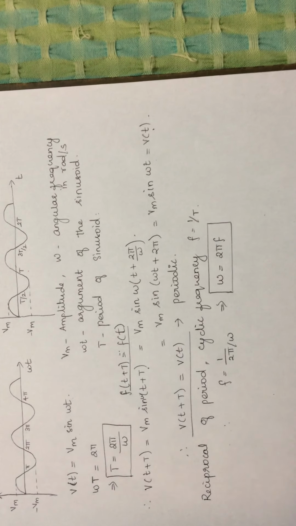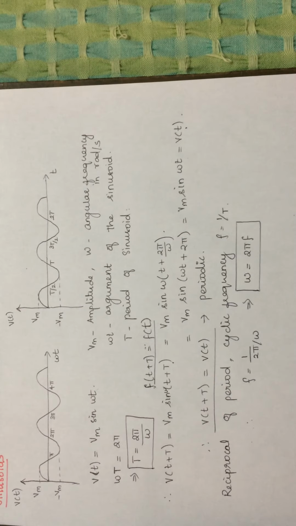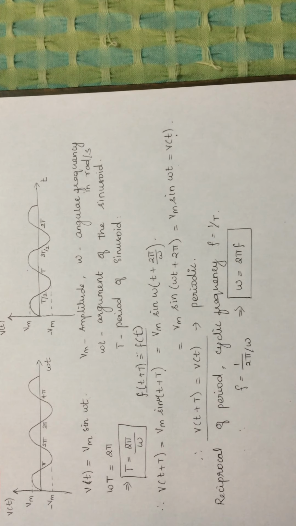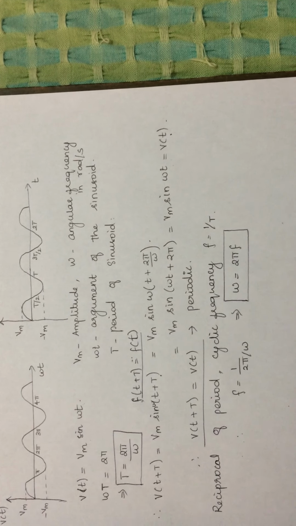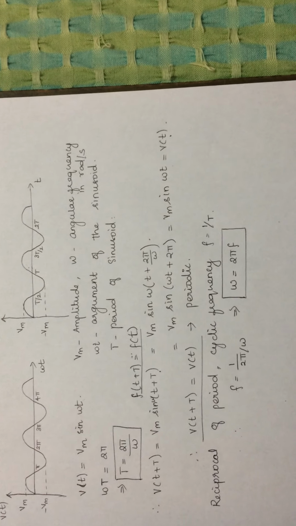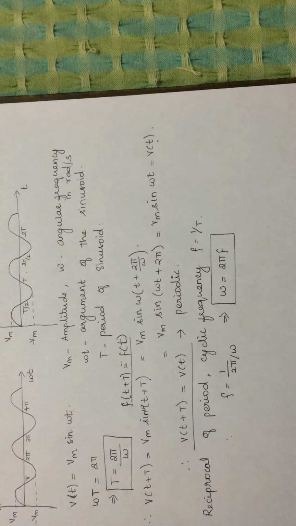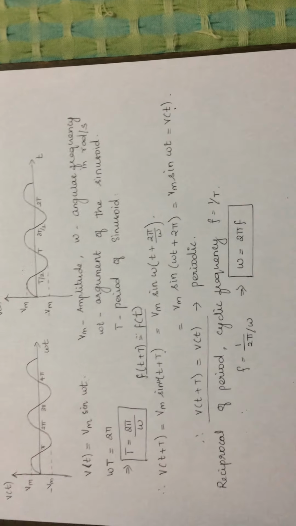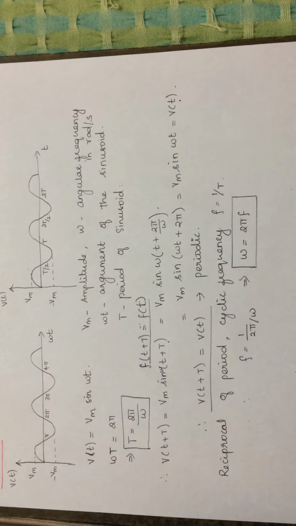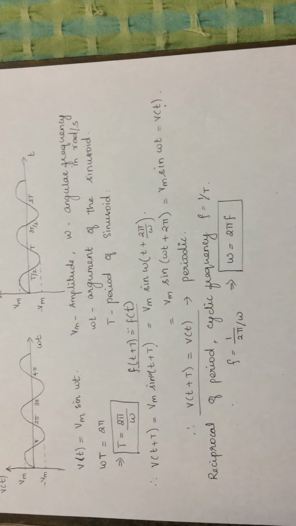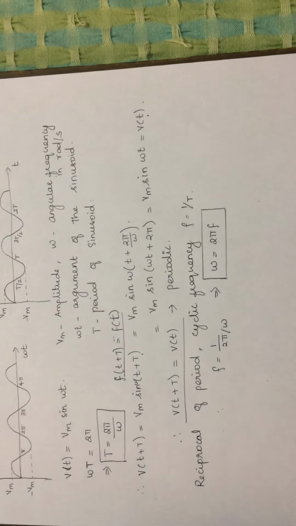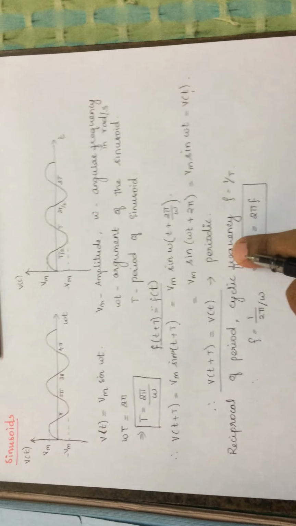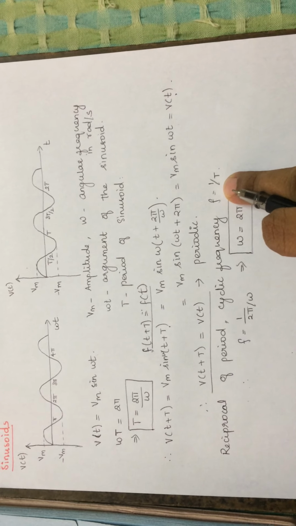Now the definition of a period: the period capital T of a periodic function is the time of one complete cycle, or the number of seconds per cycle. Now the reciprocal of the period capital T is called the cyclic frequency, which is represented by f.